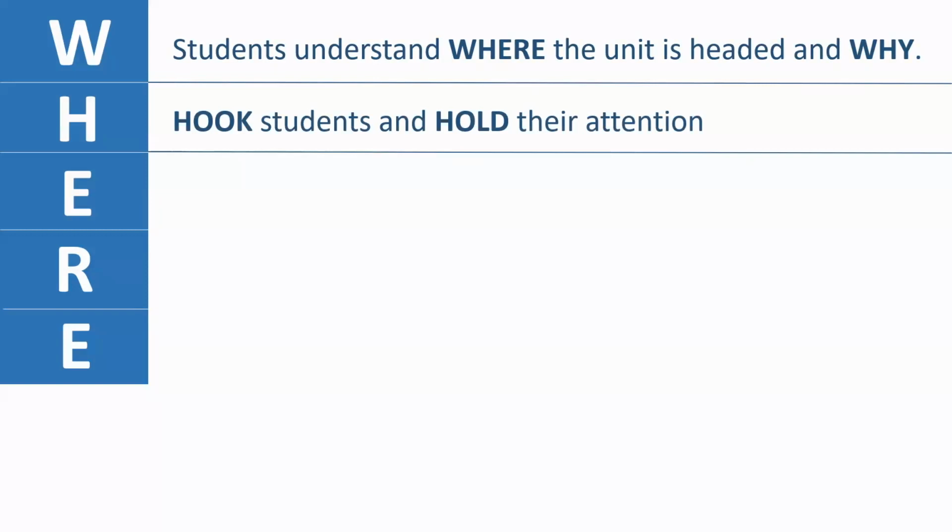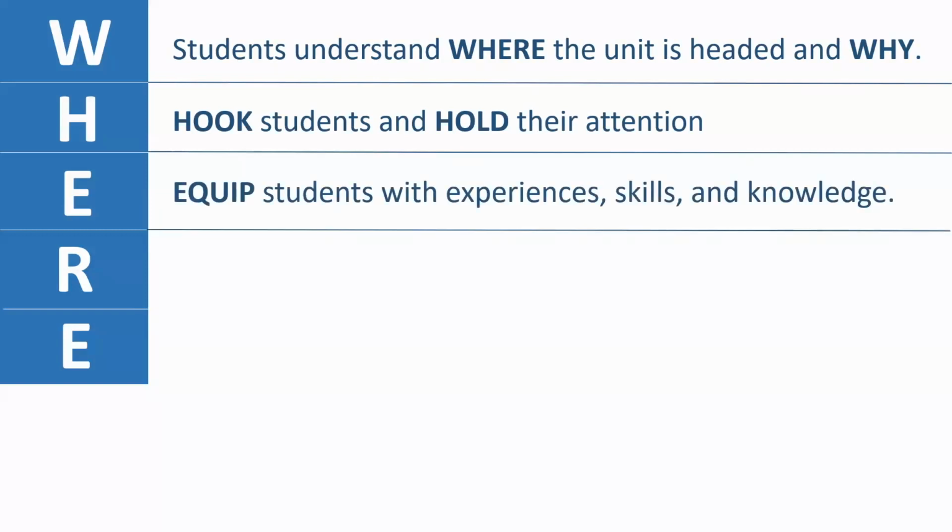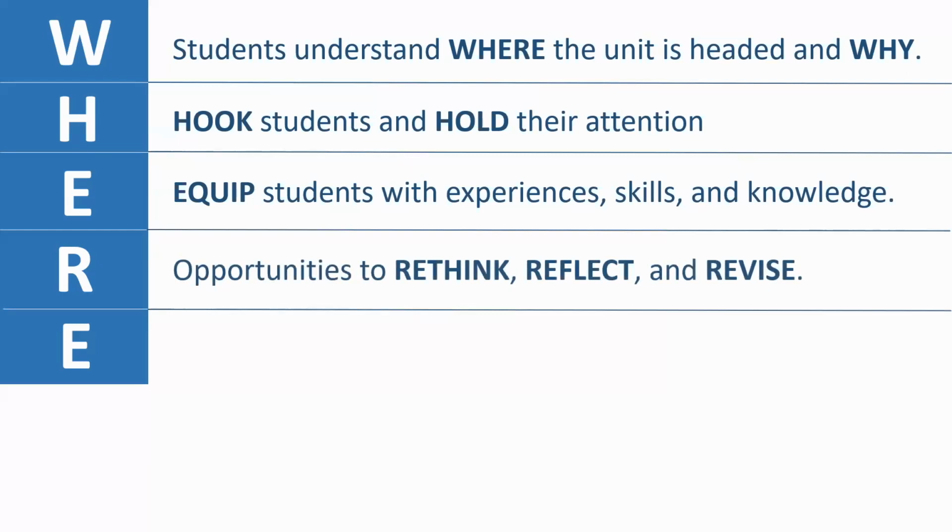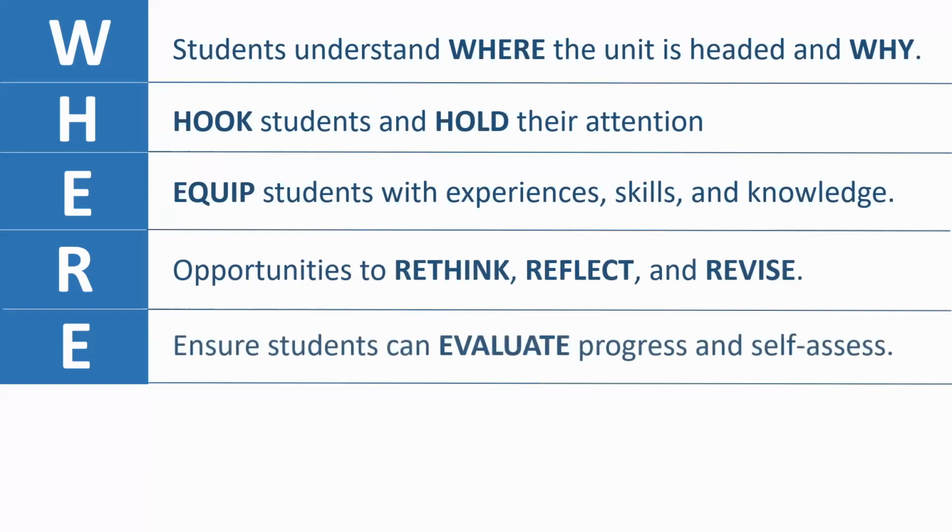There should be an attempt to hook the student and hold their attention. To equip students with experiences, skills, and knowledge. To give them opportunities to rethink, reflect, and revise. And then ensure that students can evaluate their progress, self-assess, and also allow you to self-assess.